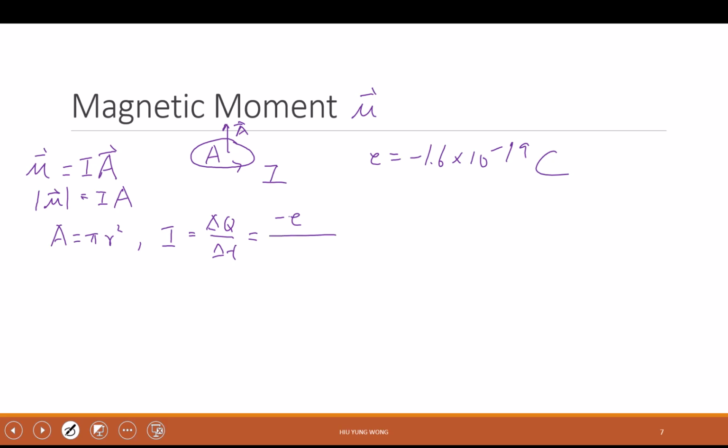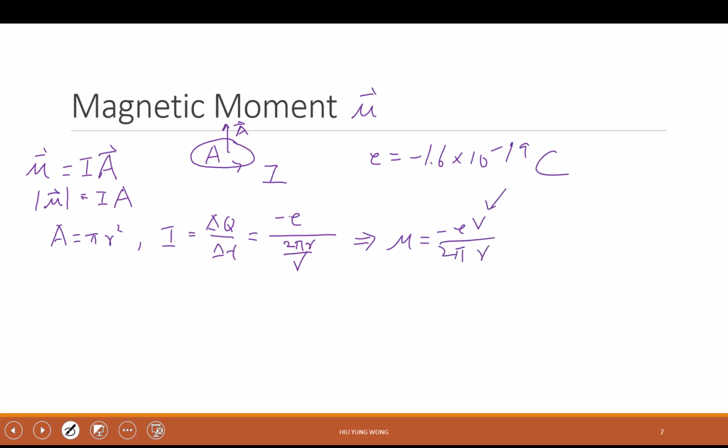And what is T? T is how long it takes to pass through a point. It's the length the electron travels, which is 2 pi r, divided by its velocity. That is the time to go through one circle, so in that unit of time I have one electron, and this is the current. So mu equals negative e times v divided by 2 pi r, times pi r squared, the area.